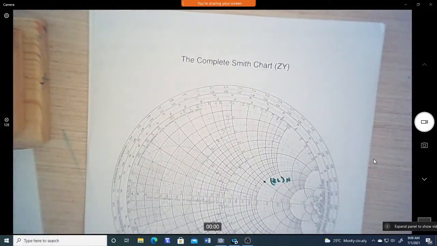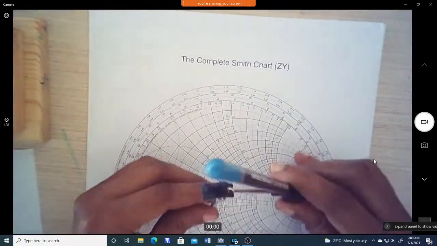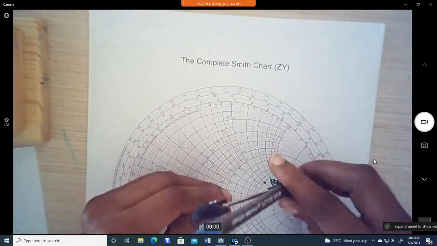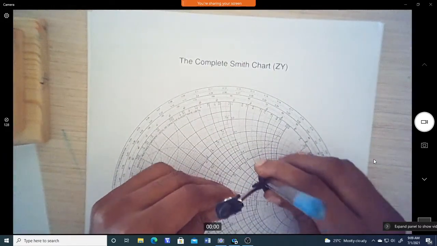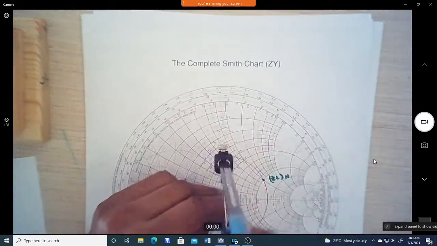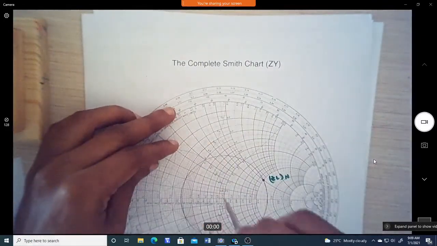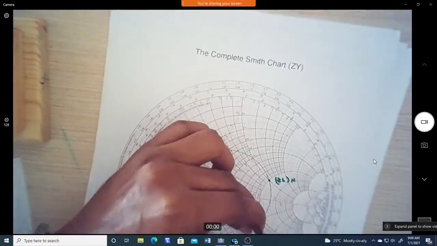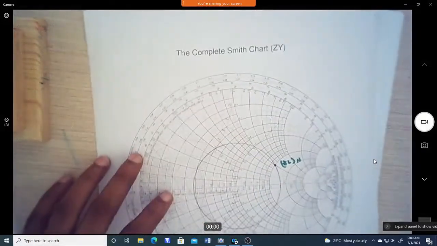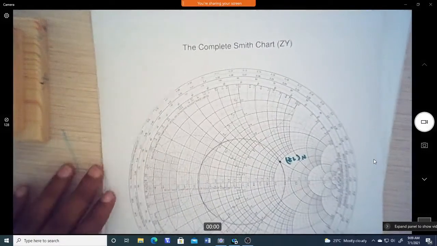Okay, so now by taking this radius, you need to draw the VSWR circle. So this is your VSWR circle.